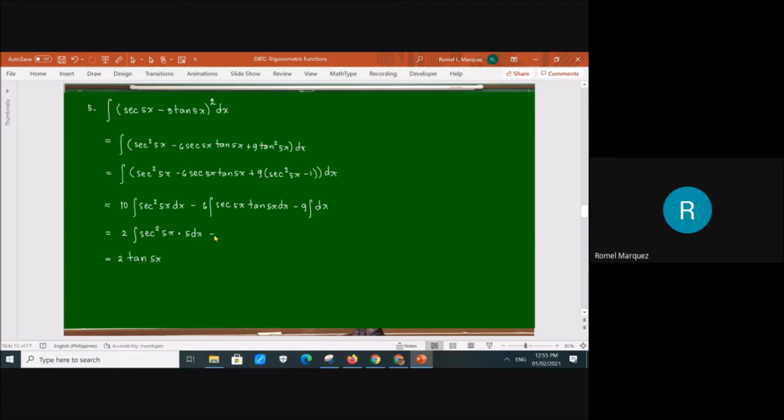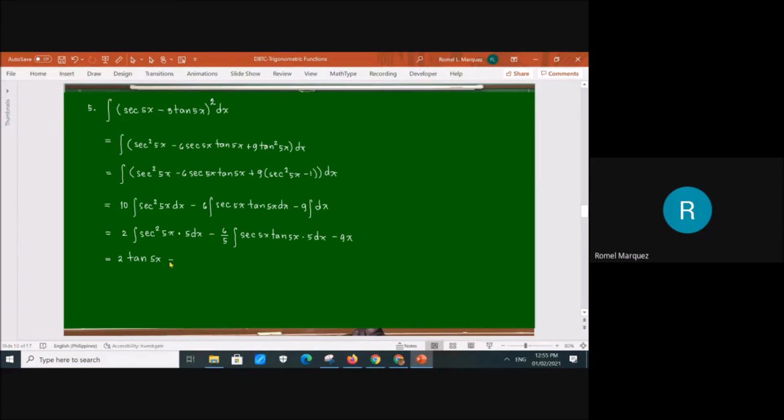Then minus, what about here? I'm going to put 5 inside, so balance outside by 1 over 5, giving 6 over 5, right? So secant of 5x tangent of 5x times 5 dx. This gives us u, the common u of secant and tangent. Minus, I can now solve this, 9x.